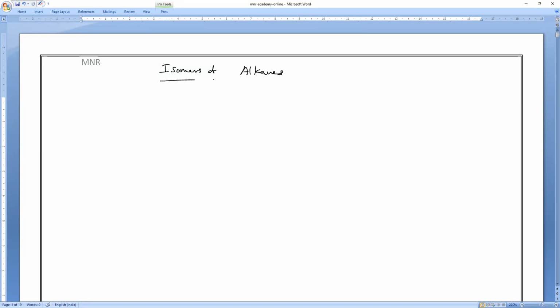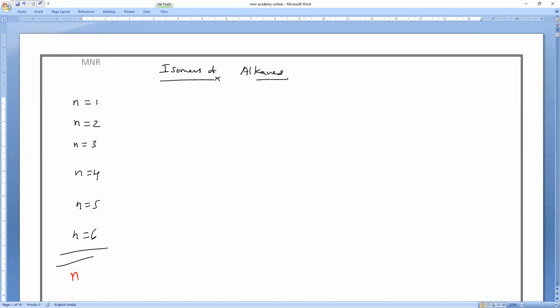So if you take the isomers of alkanes, as I said, n equals 1, n equals 2, carbon numbers, n equals 3, n equals 4, 5, and 6. Up to 6, at least you need to learn all the isomers of alkanes.